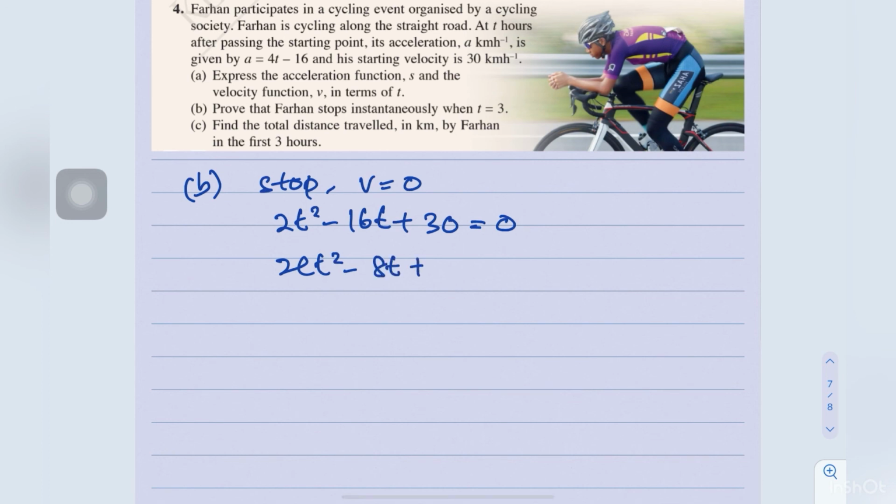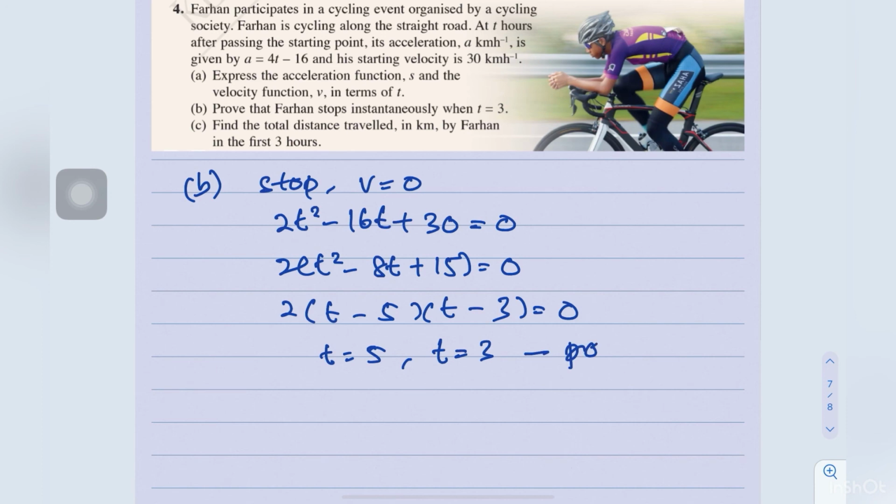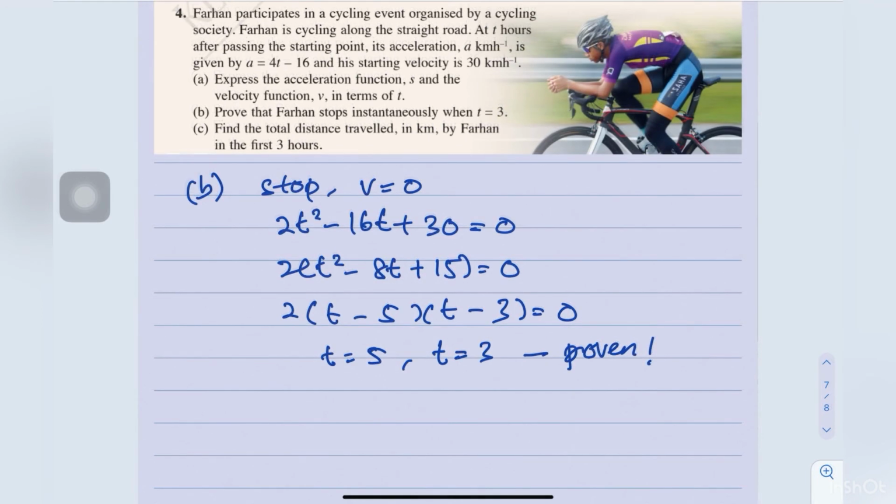We get t equals 5 and t equals 3. So, proven.